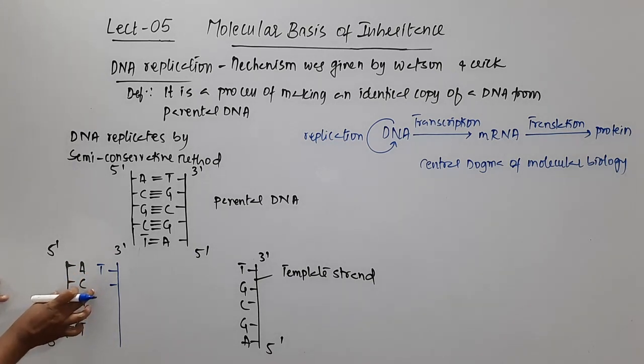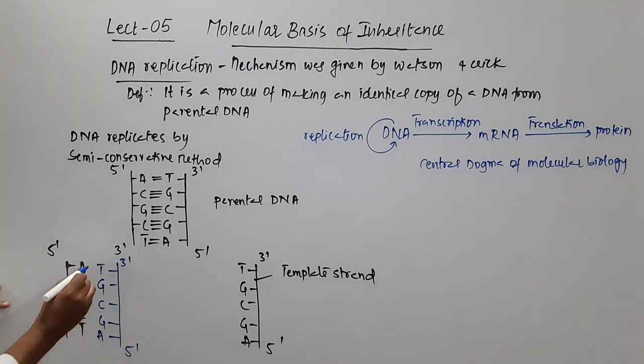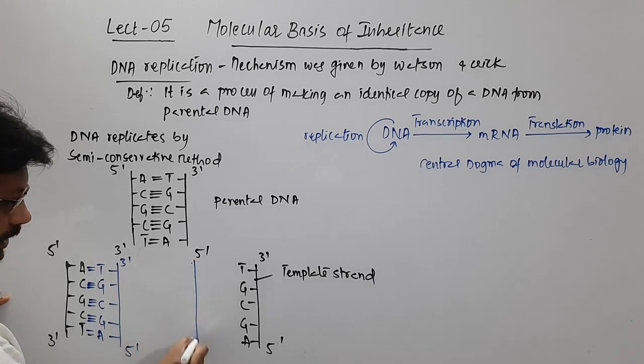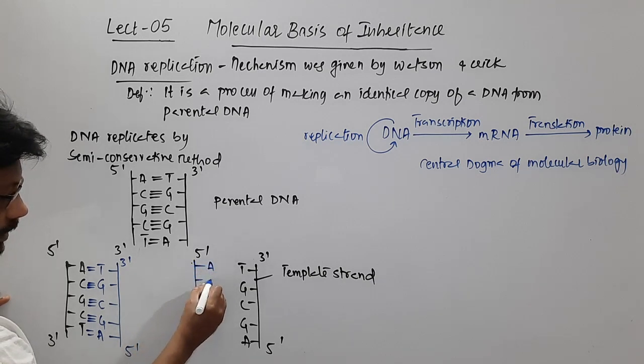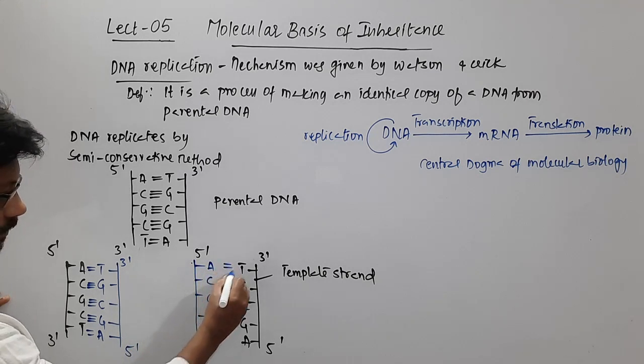So by using this strand, a new strand will be synthesized. This will be 3 dash to 5 dash. Clear? And in this one also it is the same: here A, so this is C, G, C, A.